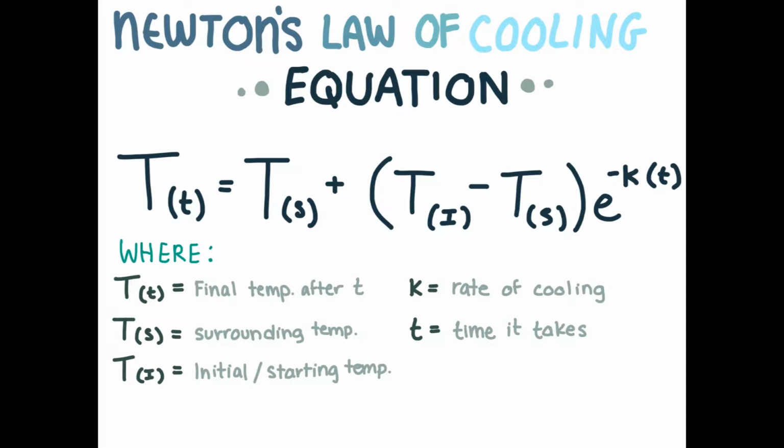Basically we are going to take the final temperature after the time, which is 6 minutes, and it is going to equal the surrounding temperature, which in this case was 20 degrees room temperature, plus the initial temperature, which was 70 degrees, minus the room temperature, which was 20 degrees, multiplied by Euler's mathematical constant e to the power of the rate, which is what we're supposed to find, multiplied by the time it took, which was 6 minutes.